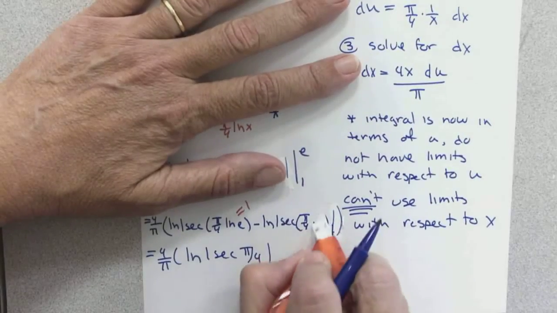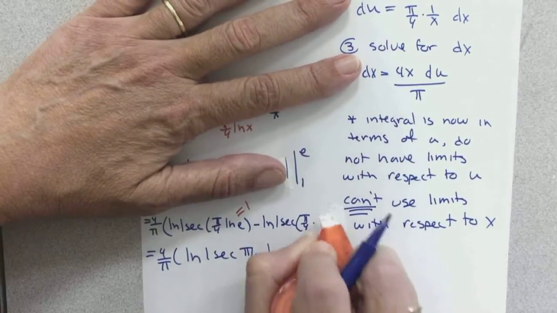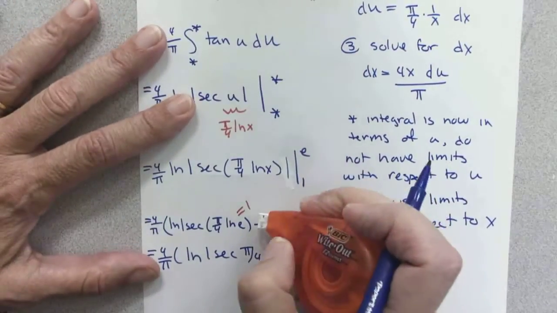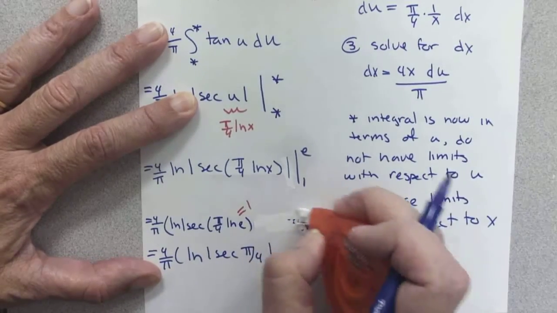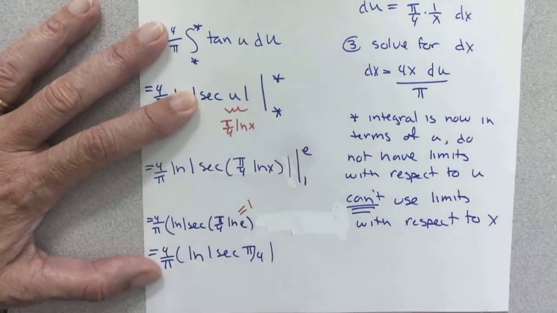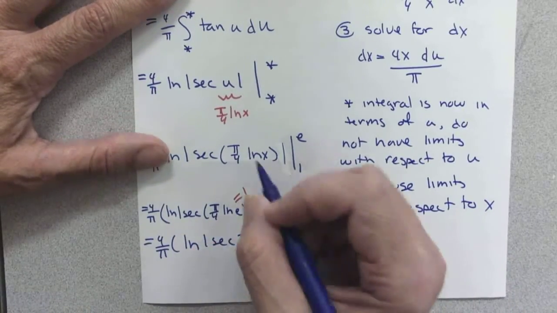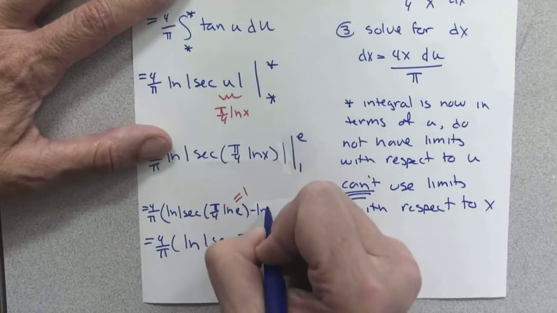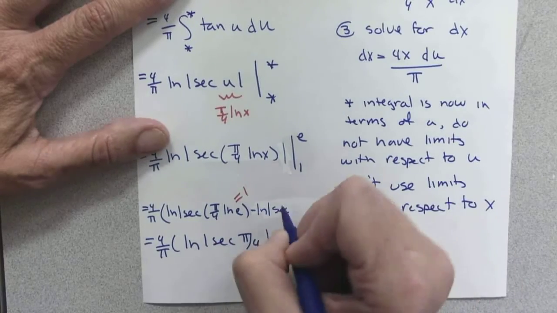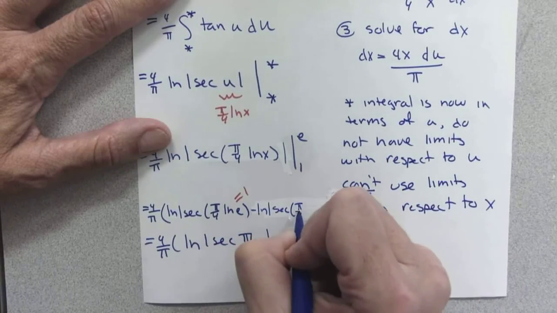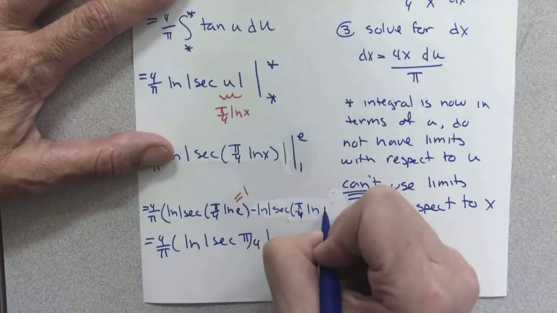I made a mistake right here. Let's see if I can write a little bit smaller and get it in here. This is how you know it's live. I make mistakes. So minus the natural log of the absolute value of secant of pi over 4 times the natural log of 1.